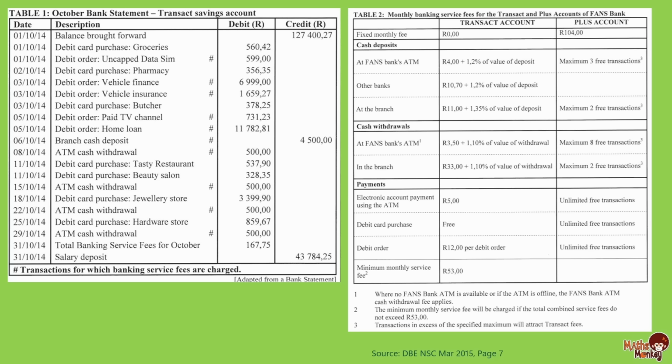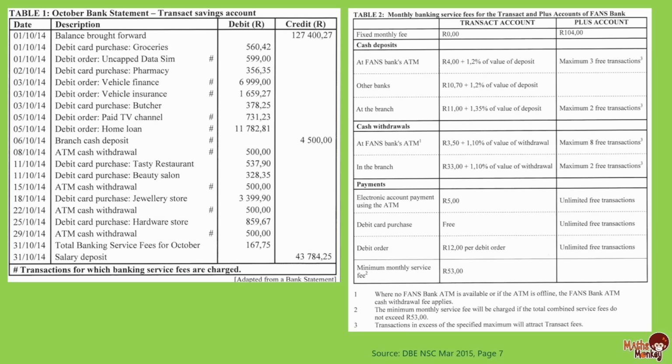Right, then on the right hand side, we have the banking tariffs for how they bill their account users. In the left column again, we have what the transaction is. So we've got cash deposits, cash withdrawals, and then payments. And then we have a transact account, which is the first type of account, and then the second, the plus account.